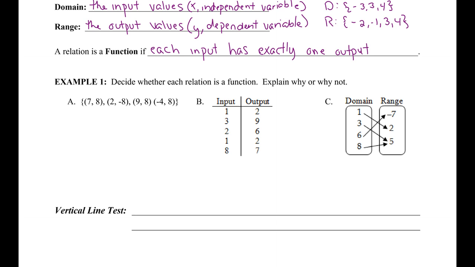So for example 1, we are going to decide yes or no, is the relationship a function? So our answer for A should be yes, because each input has exactly one output.